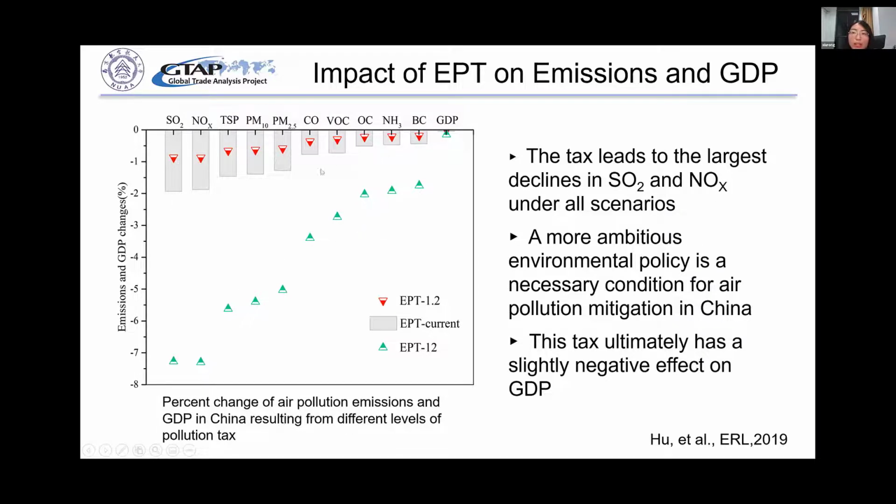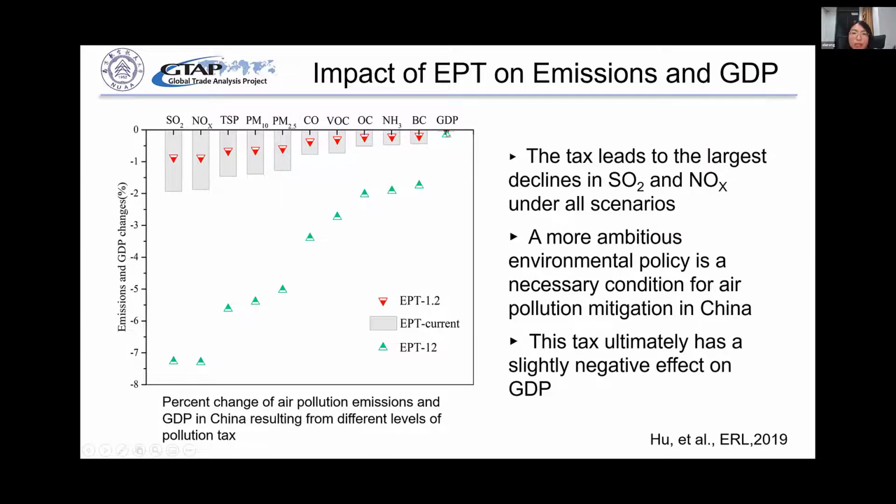We can say that the current policy is about 2 times larger than the lowest bound of the tax, and about 3 to 4 times smaller than the highest bound of the tax. So we can say that large potential emission reduction exists, and a more ambitious tax rate is necessary for China to reduce air pollution.